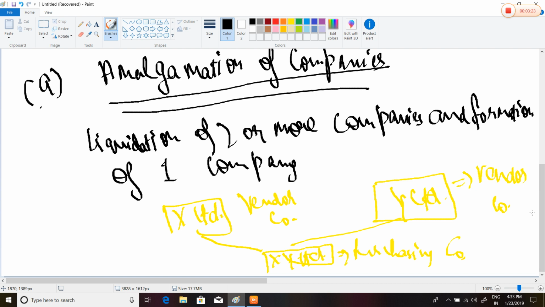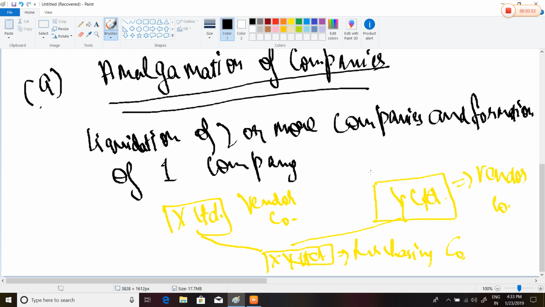Amalgamation of companies means the liquidation of two or more companies and formation of one company. Two companies X and Y liquidate in order to form one new company.